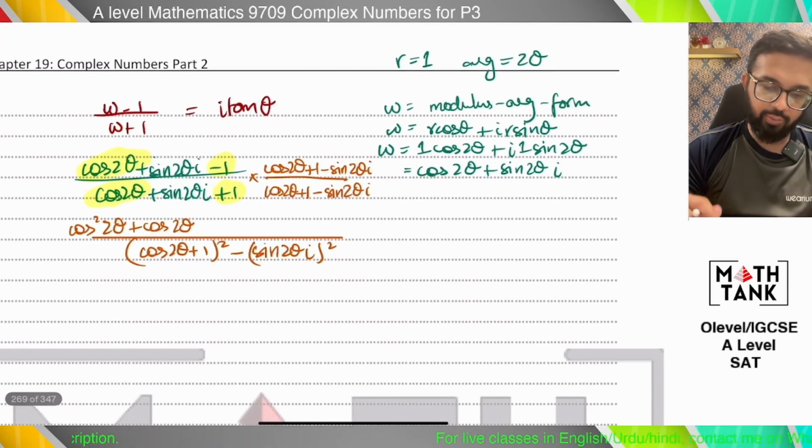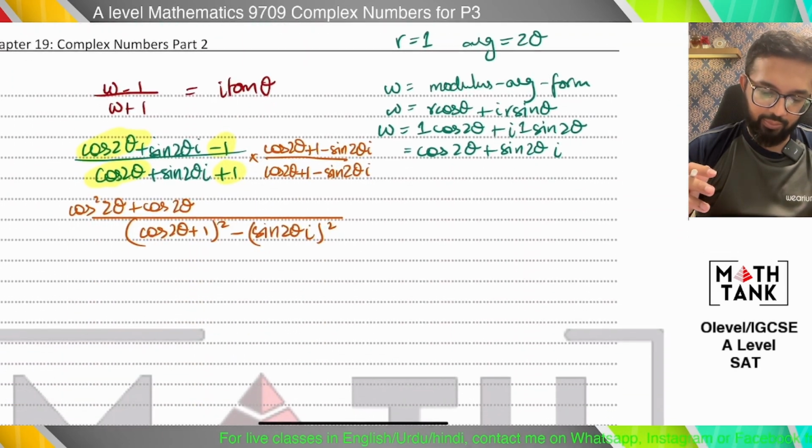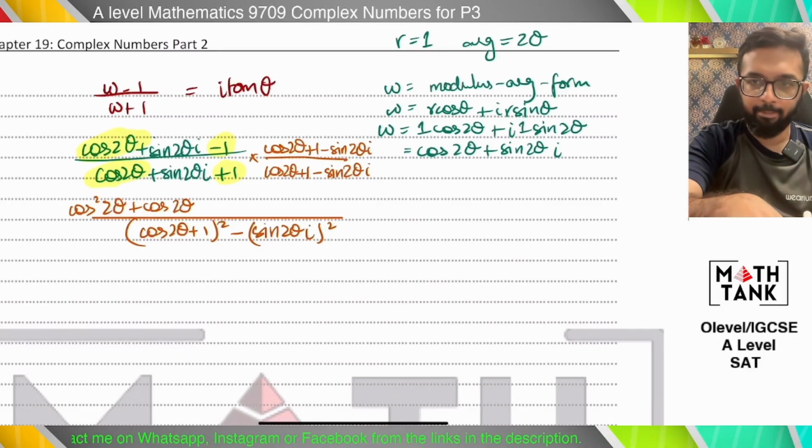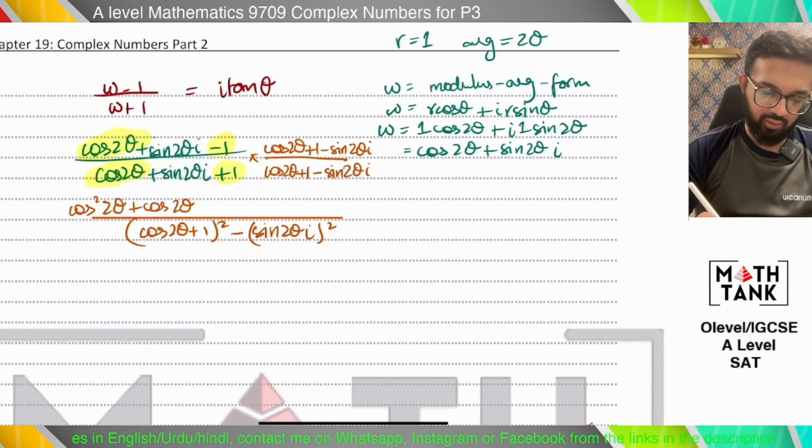No, that's a longer multiplication than I thought. I think there's the other way out. Sine 2 theta i cos 2 theta.